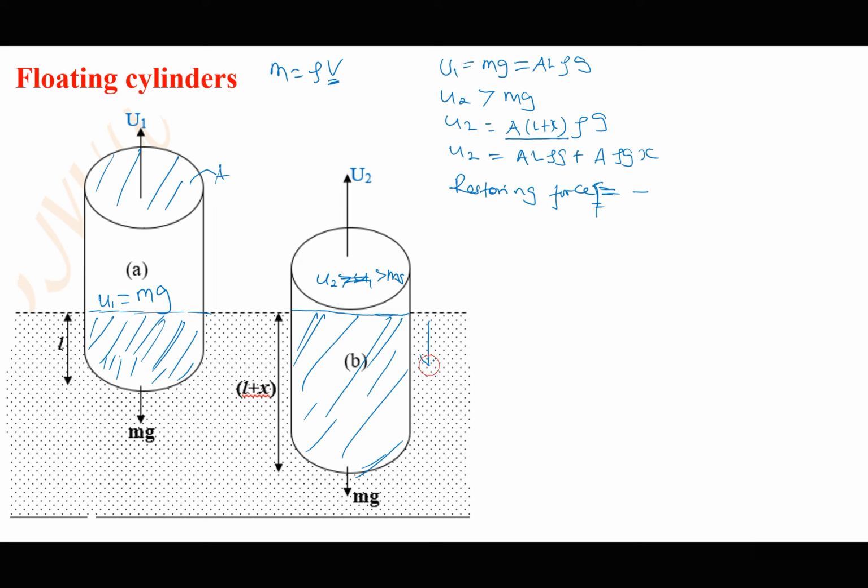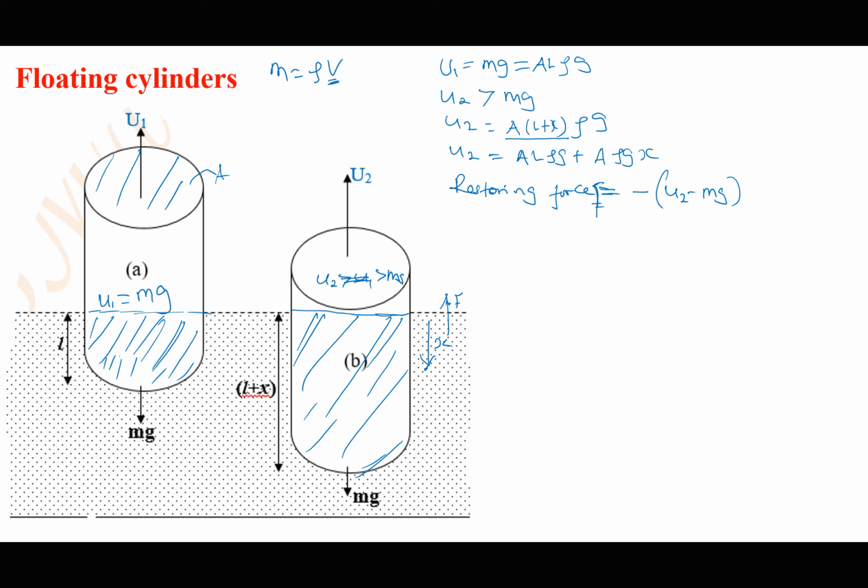The displacement was downwards. When we remove the pushing force downwards, the cylinder moves upwards, which means the restoring force was in the opposite direction to the displacement. So this is going to be equal to negative of U2 minus mg. The resultant force in position B is U2 minus mg.